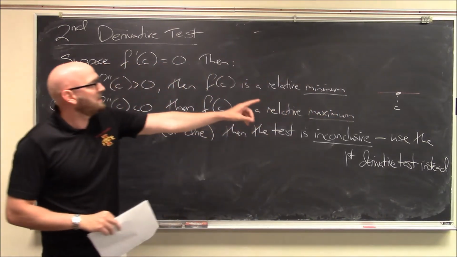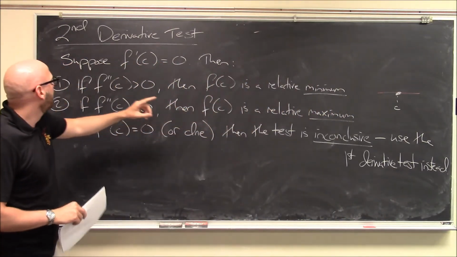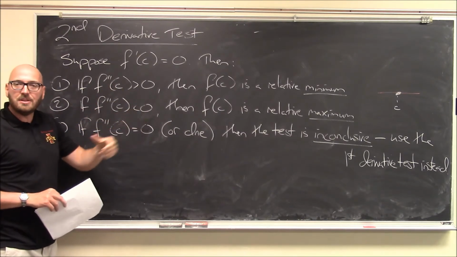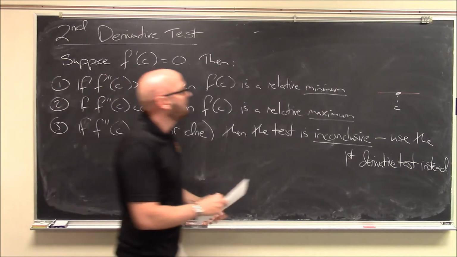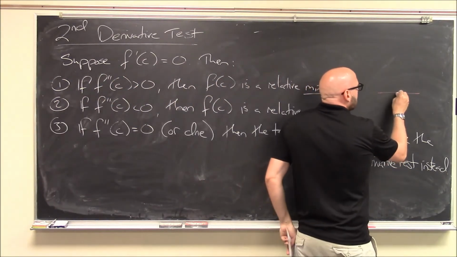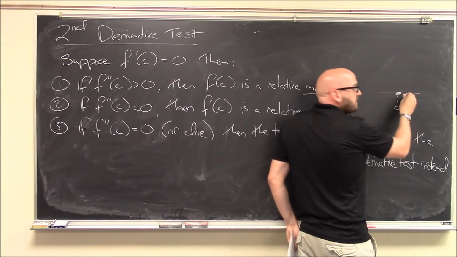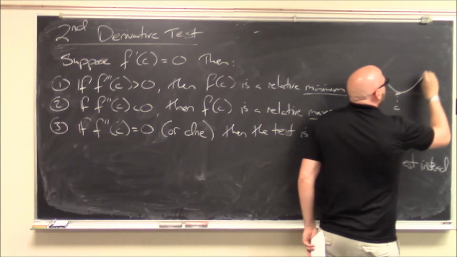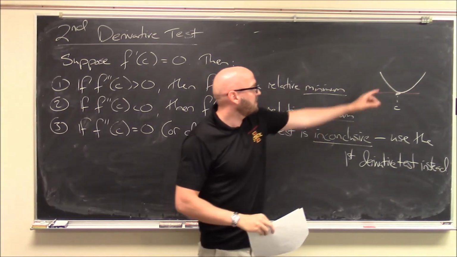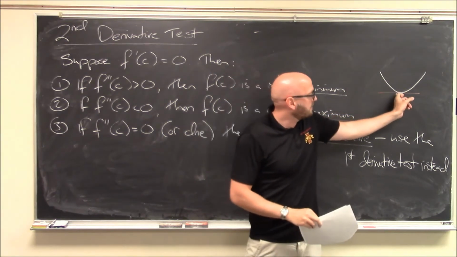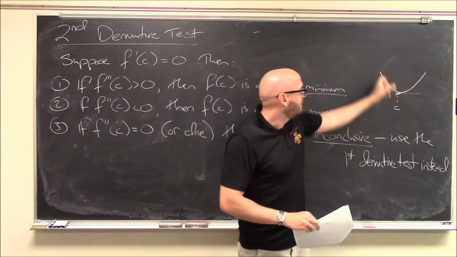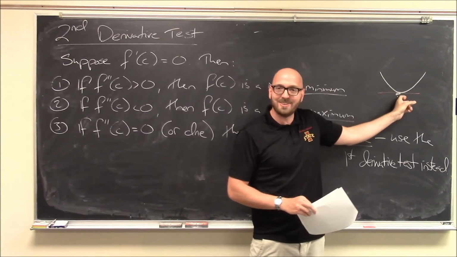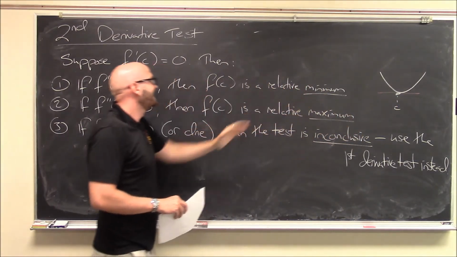But my second derivative is positive, which means my function is concave up. With a horizontal tangent right here, the only way that can happen is if my function looks like that, concave up. If my function looks like this, and that's c, then obviously that's a minimum.